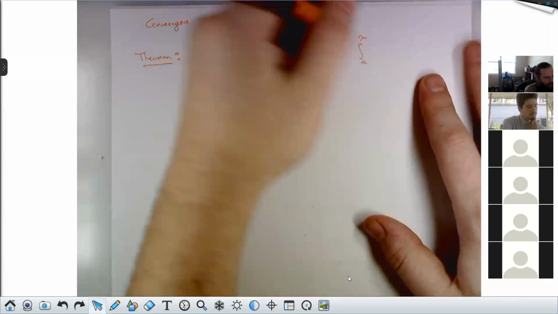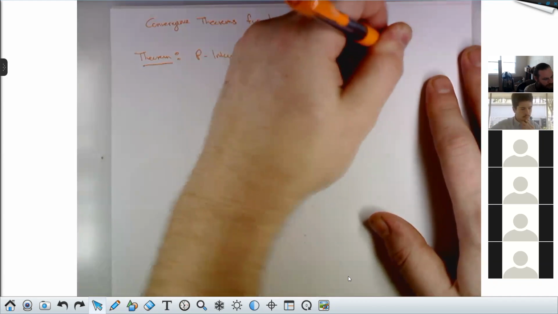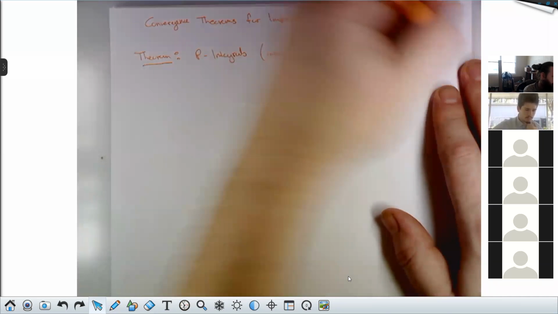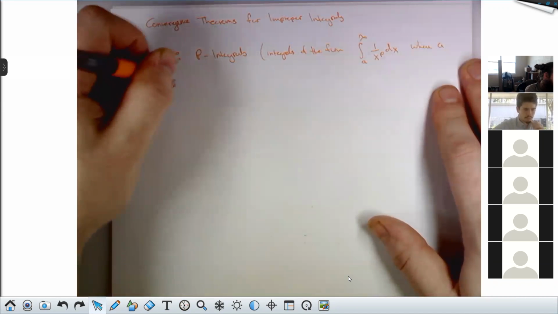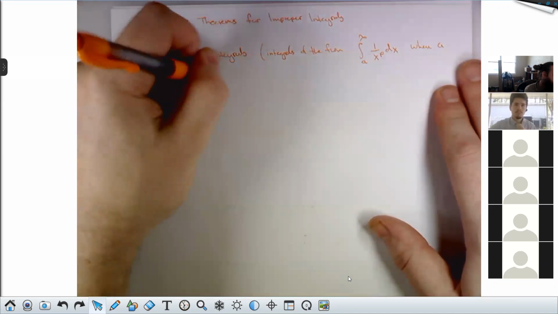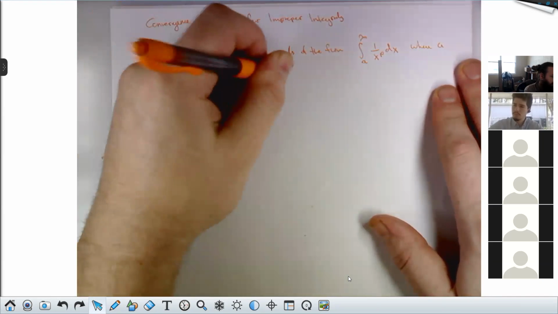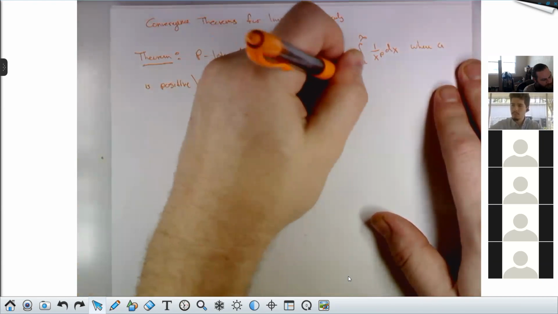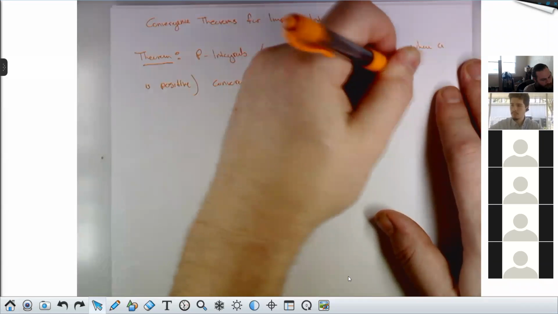It doesn't have to be 1. It can be any a to infinity of 1 over x to the p dx, where a is a positive number, converge if p is greater than 1 and diverge if p is less than or equal to 1.